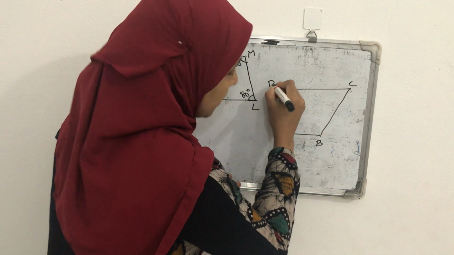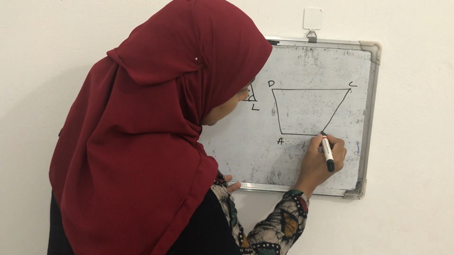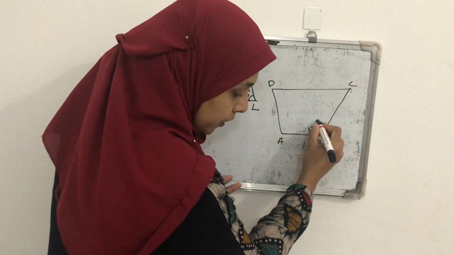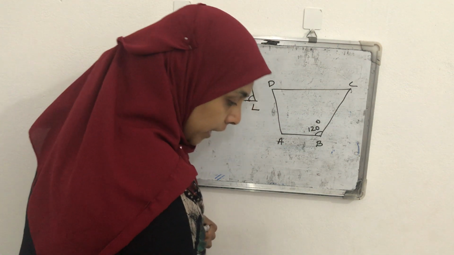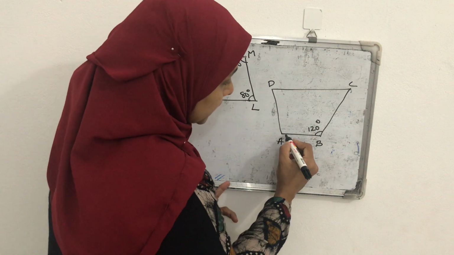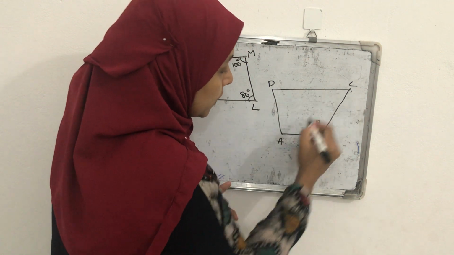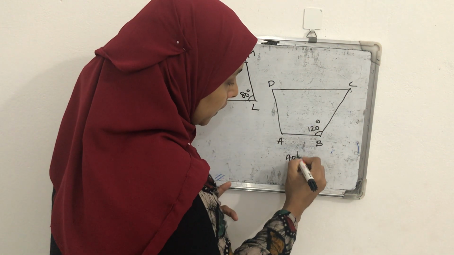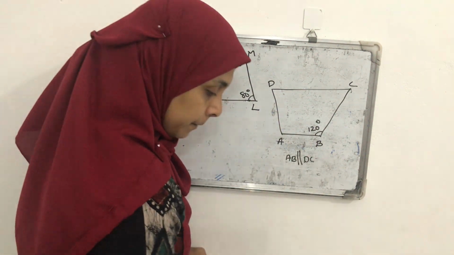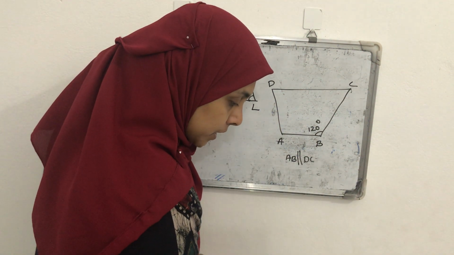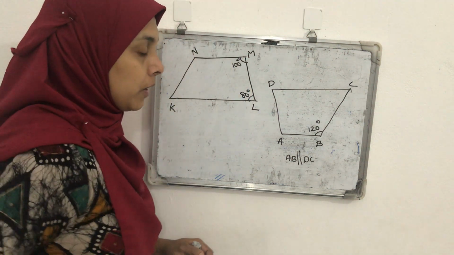It is a quadrilateral, and angle B is given as 120 degrees, and AB is parallel to DC. That is given in the question. Then what will be the measure of angle C that you want to find out?